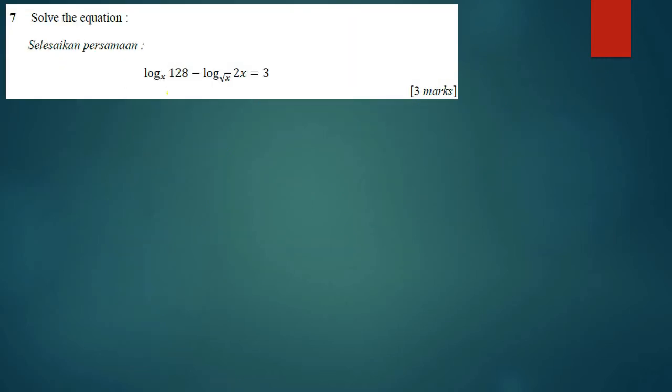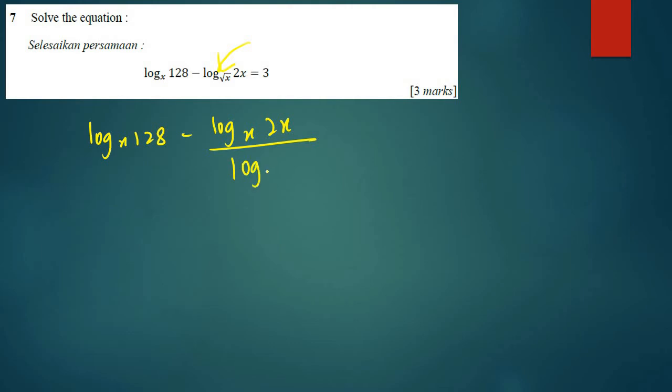Okay, let's solve this question. Log base x and log base square root of x are different, so the first step is we need to change the base. Which base is easier to change? Change this one, it is better. Log x 128 remains, and we change this base to base x to make it the same.